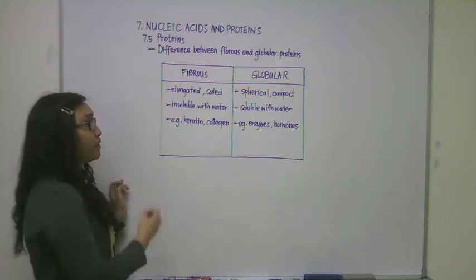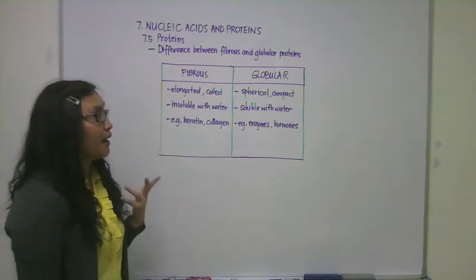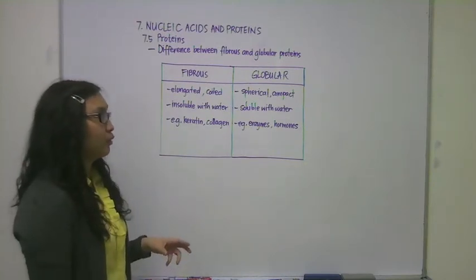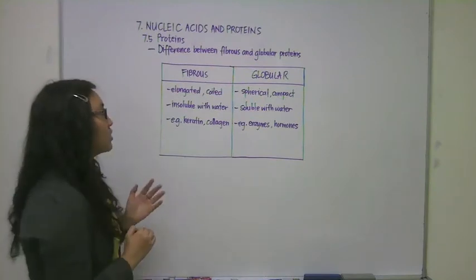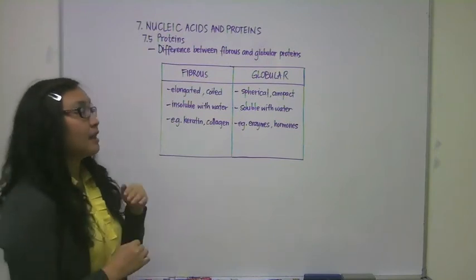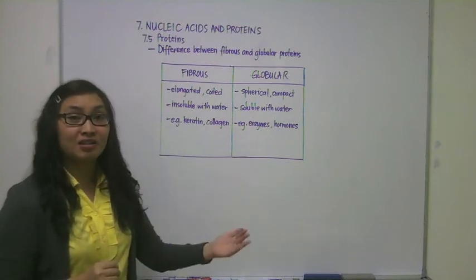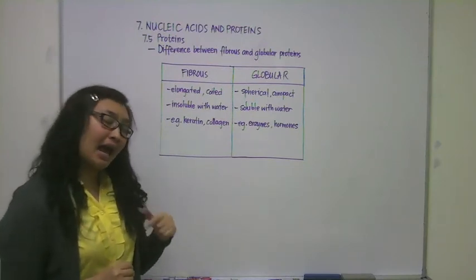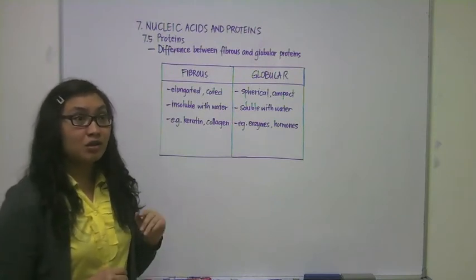Fibrous proteins are more elongated and coiled, whereas globular proteins are more spherical or rounded, and more compact. We can also add that fibrous proteins are made up of basically more of an alpha helix structure, which is more of a secondary structure.